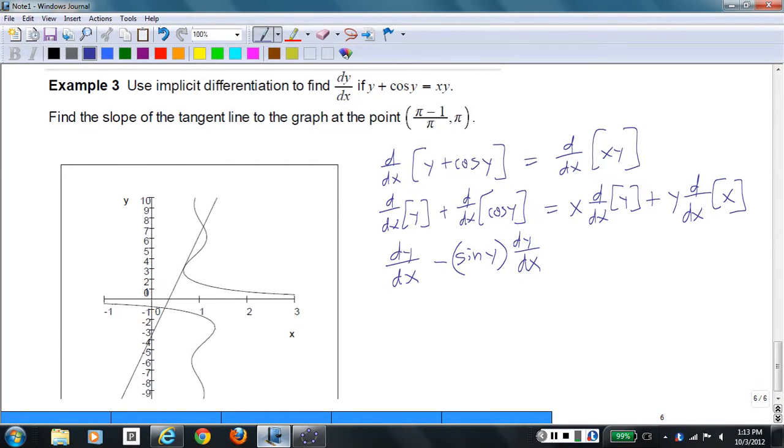Y is implicitly a function of x, not explicitly a function of x, because it fails the vertical line test, as we can see here. But when x changes, y changes, so I have to multiply by dy/dx. Equals x times the derivative of y with respect to x plus y times 1. d/dx of x is 1.